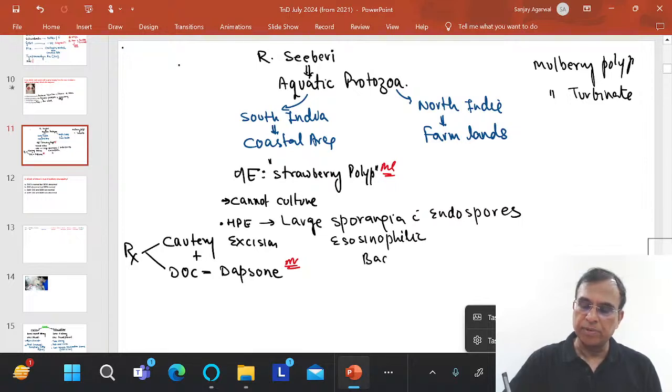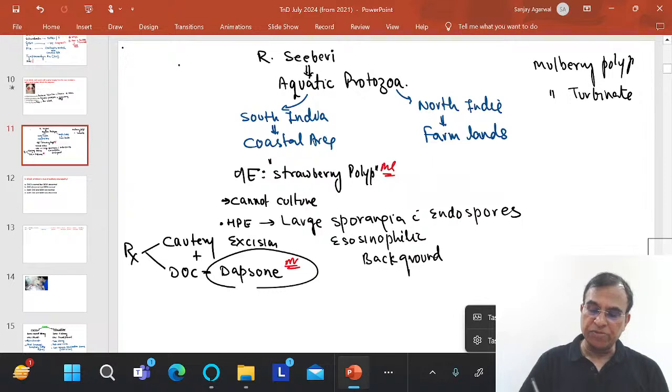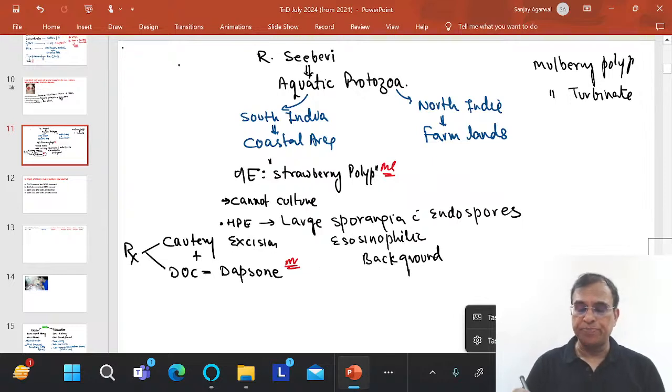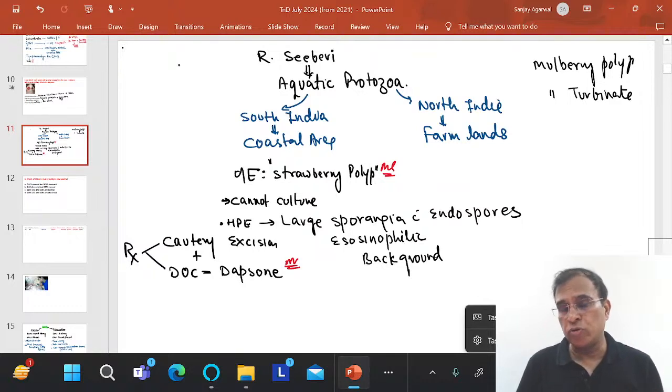You can see the background is eosinophilic, so pink you will always see in the background. And dapsone is the drug of choice, another very important point. In rhinosporidiosis, these are the only points that you should know, there's nothing else to know. So it's a simple topic, but it's a very important topic.